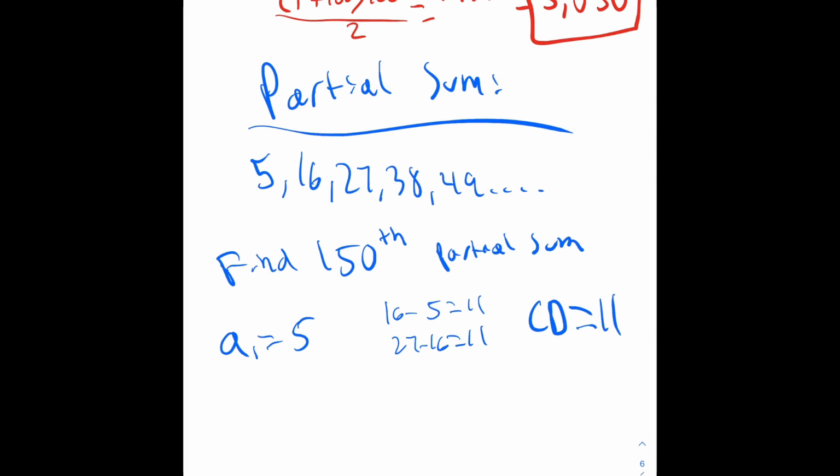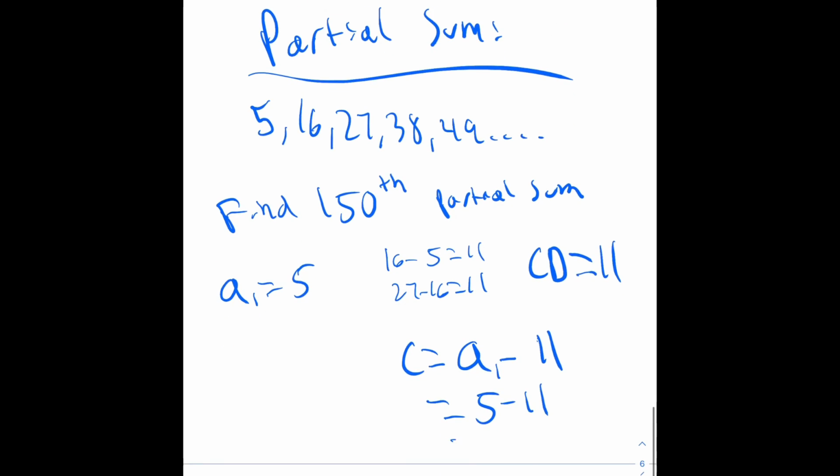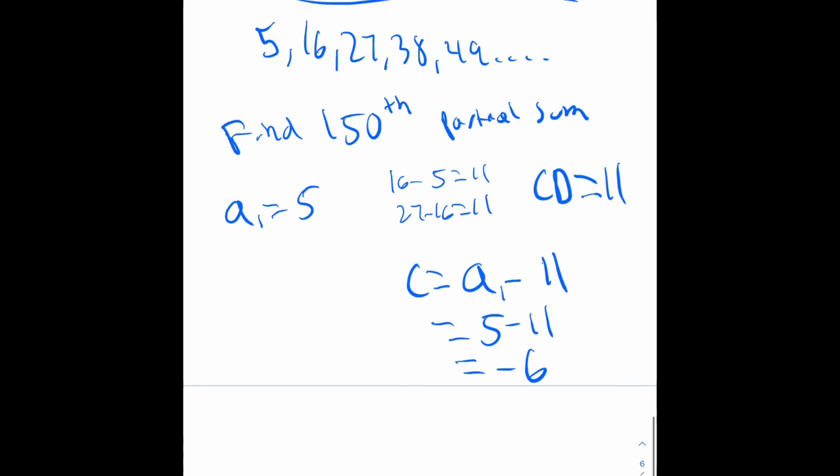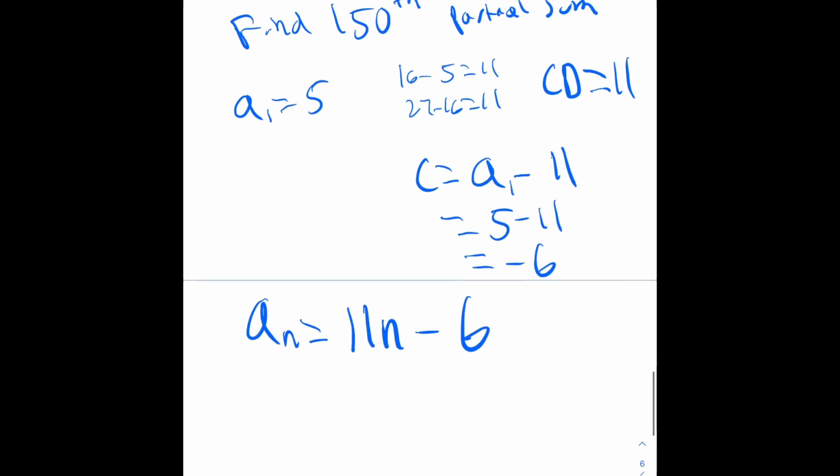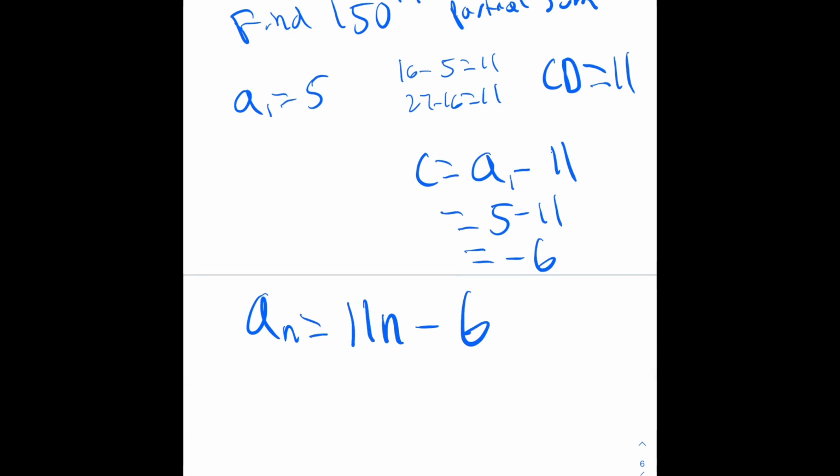And now I take that second part of my equation. What I complete my equation with so that it works with my first term is a1 minus my difference, which is 11. My first term was 5. So 5 minus 11 is negative 6. So our equation to find whatever term is 11n minus 6.